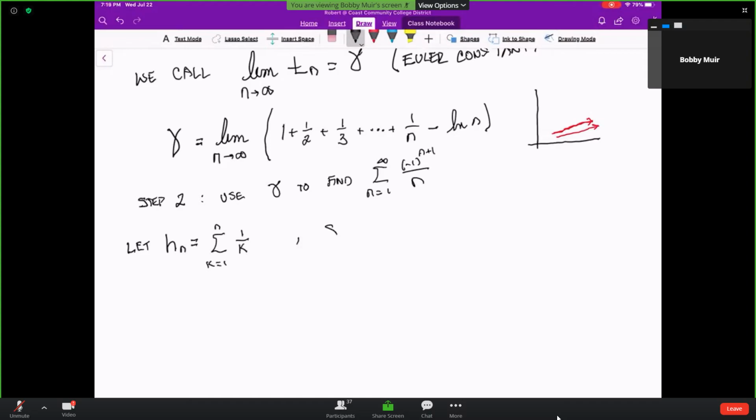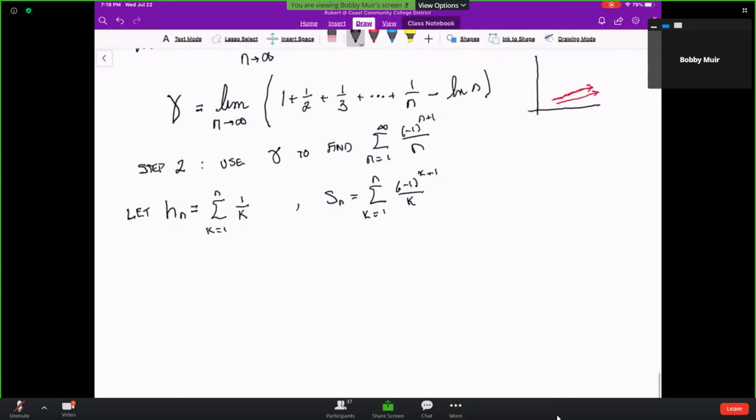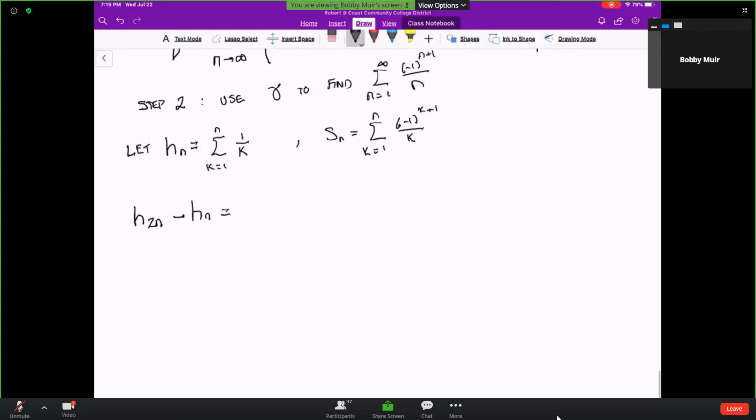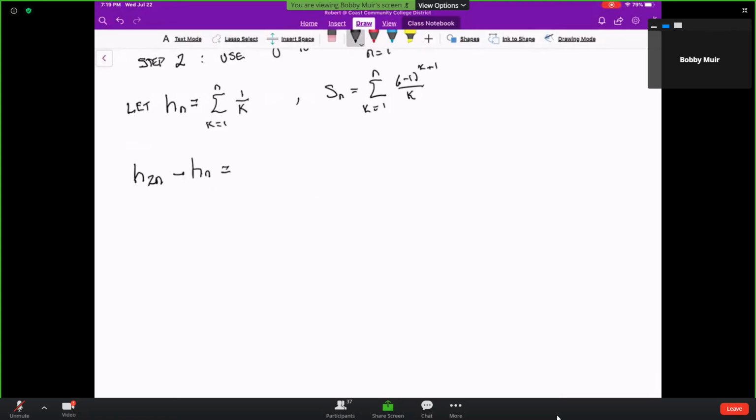And we're going to let s sub n be the sum, k equaling 1 to n of (-1) to the k plus 1 over k. So if I was to consider h sub 2n minus h sub n, let's see here. I'm going to do it in a line.